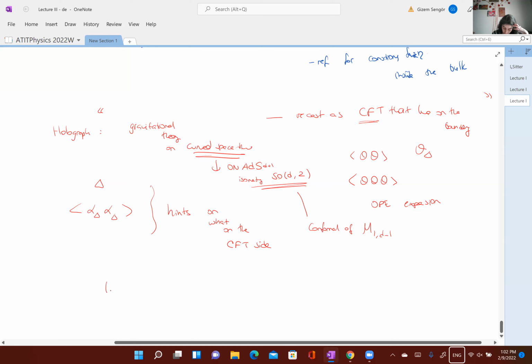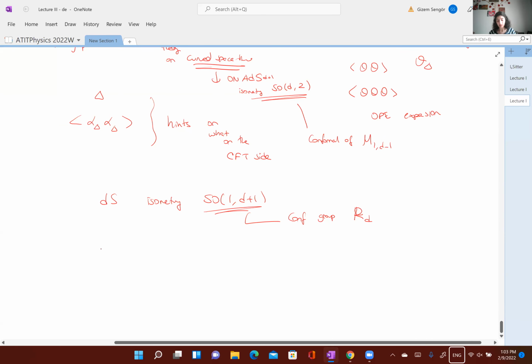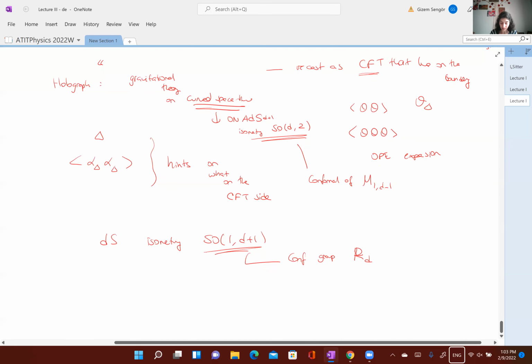Now we looked at the de Sitter, and for the isometry group, we found this to be SO(1, D+1), but this is also the conformal group of Euclidean space in one less dimensions. So now this is just a first clue to ask that maybe this concept that was developed on the de Sitter spaces can be something that applies even further.